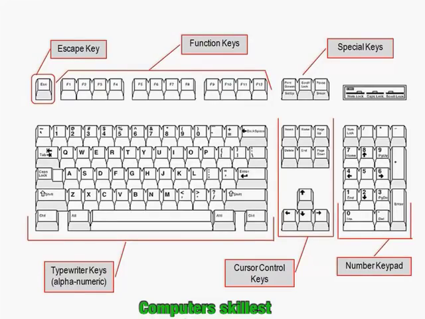And just like regular old-fashioned typewriters, pressing the Shift key, and you'll find Shift keys on the lower left and lower right side of the keyboard, those Shift keys enable you to make capital letters out of the regular letters of the alphabet, or if there's two commands on a key, pressing Shift will allow you to type the upper command. For instance, if you wanted to type a dollar sign, you would press Shift and then press the number 4 at the very top where the dollar sign is.